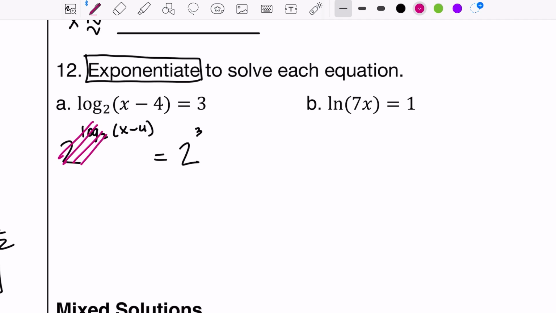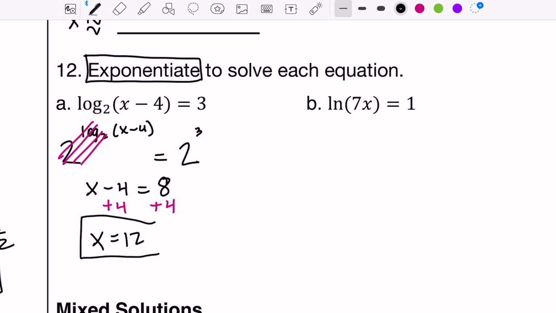Those undo each other, and we're left with x minus 4 equals 2 to the third power, which is 8. And then we're going to add 4 to both sides, and we get x equals 12. We don't even need to plug that into our calculator because it's a nice integer number.